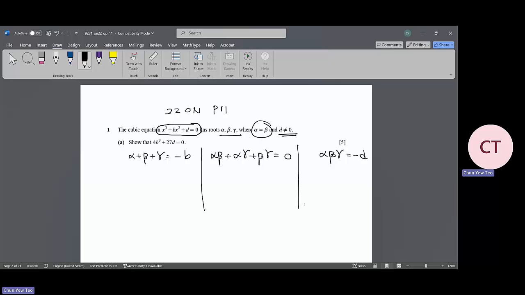Because of the given alpha equal to beta, from the first equation you will have 2 alpha plus gamma equal to negative b. From the second relationship, you get alpha squared plus 2 alpha gamma equal to 0, and you can factorize it out.